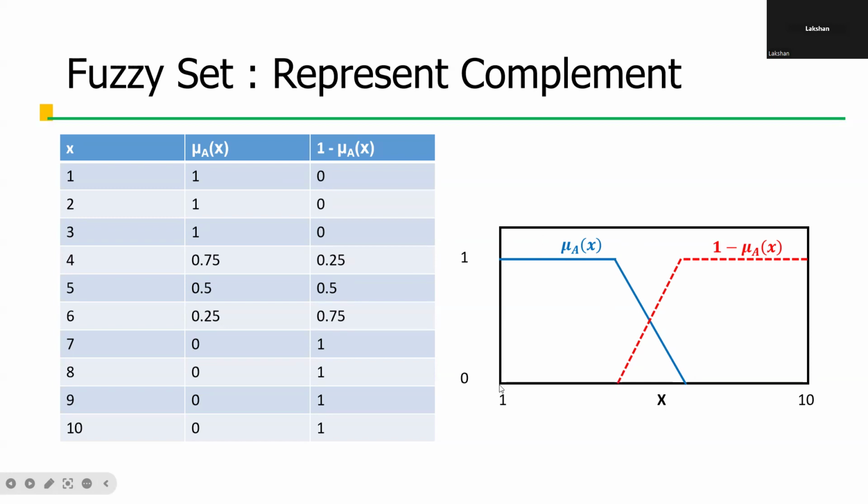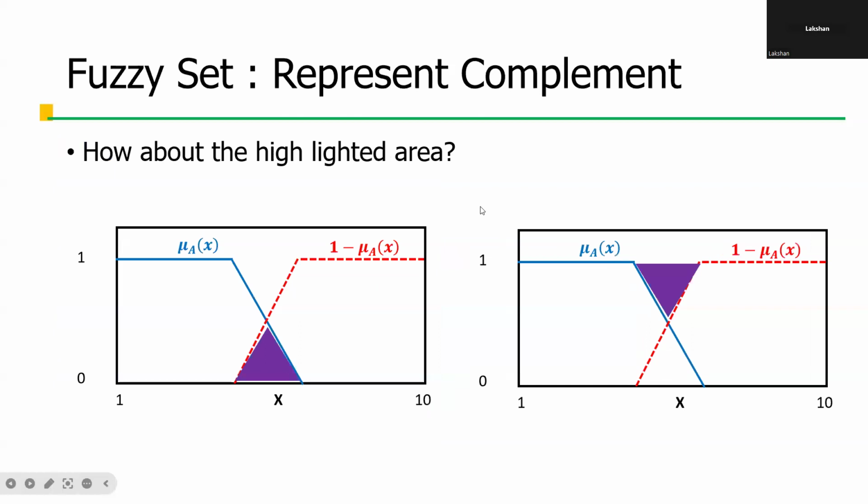For the same numbers, the complement goes to 0, and it will go up, and it will go to 1 when the membership values are going to 0. So that is how the graphs are.